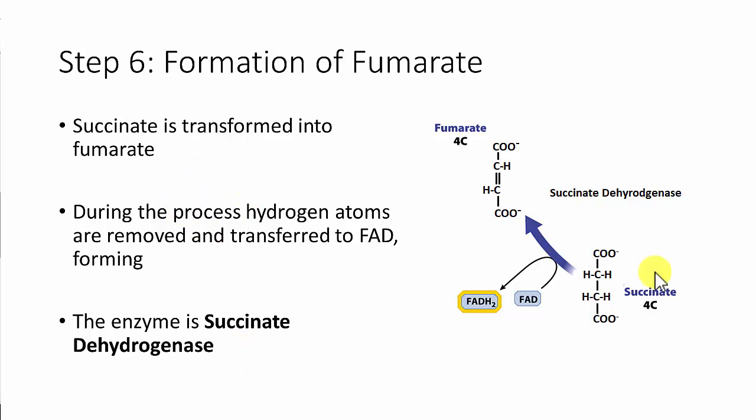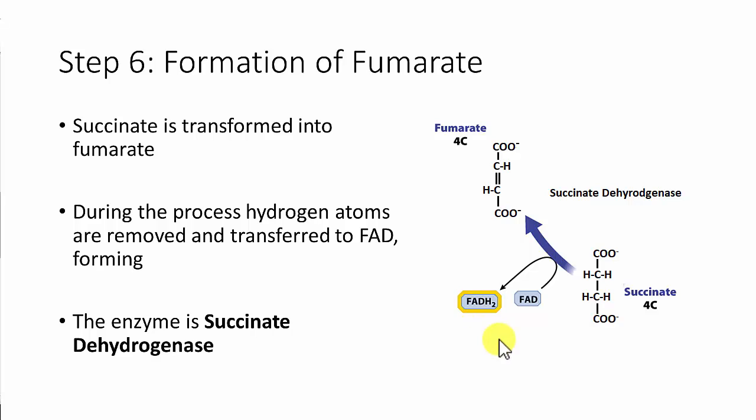In the next stage, this is where we actually generate the other electron carrier, FADH2. This is actually the only stage in which that takes place. So succinate is going to be acted upon by an enzyme called succinate dehydrogenase, which is going to strip hydrogen from the compound, transfer those to the carrier FAD, and generate FADH2. This one carries an extra hydrogen, therefore it's referred to with the 2, FADH2.